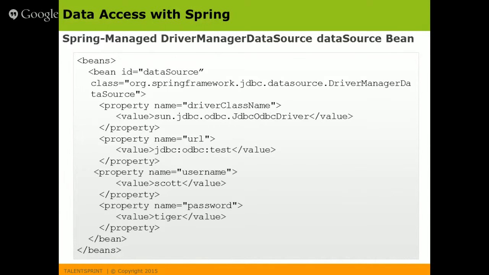That is the main concept we have to perform. The username is Scott, and the password is tiger. So all this information we have to specify in order to create a data source. The data source is a class which takes care of establishing a connection.